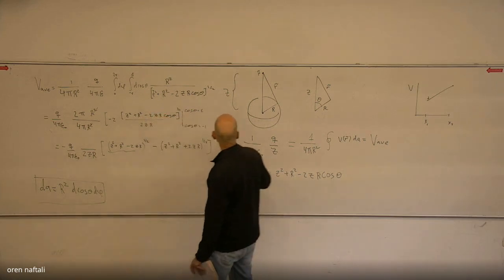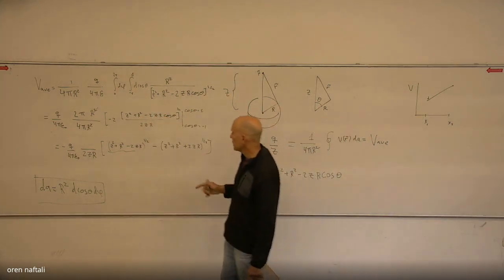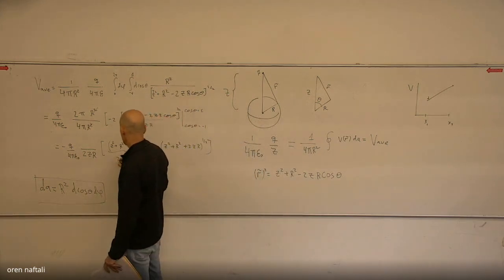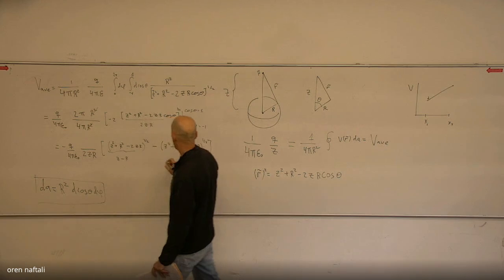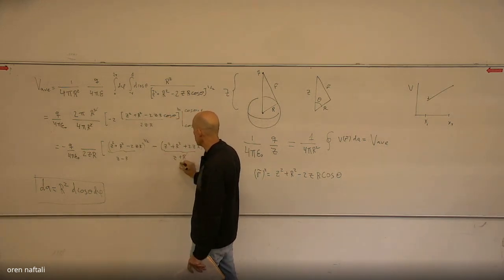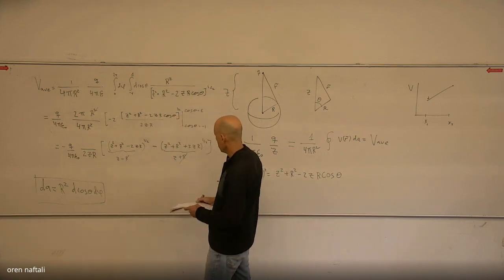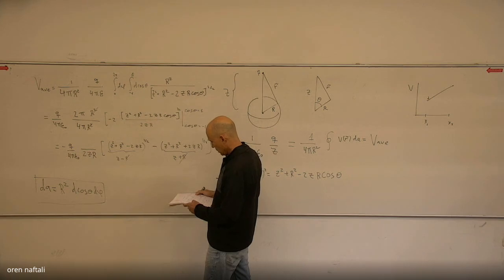I mean, r tilde depends on the angle theta. And with the half, it's simply z minus r. And that's the point. And this is z plus r. And this is good for us because this r and this r should cancel.